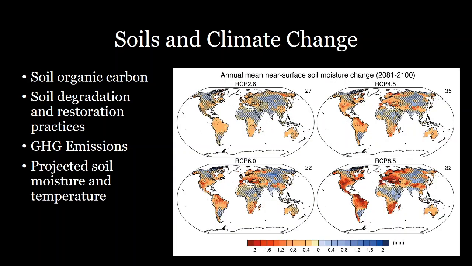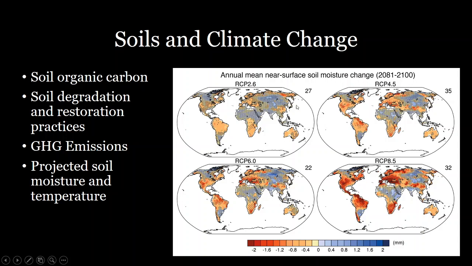We can use climate models in order to predict how much stress the soil will experience in the future. Depending on our emissions scenario, the amount of soil moisture is going to change. You can see here with the RCP 2.6 scenario, that's the rapidly addressing climate change scenario, you don't have all that much change in soil moisture.